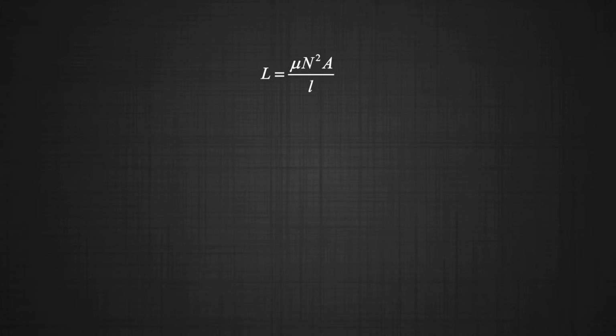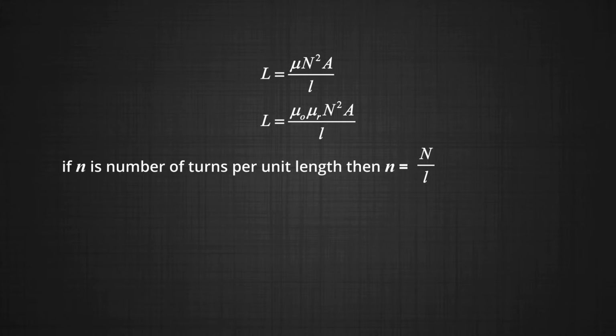So, L is equal to mu times N square A by L, or L becomes equal to mu naught mu r N square A by L. If small n is the number of turns per unit length, as I already told you, so small n becomes equal to capital N by L. And multiplying and dividing by L, we get L is equal to mu naught mu r, small n square this time, A into L, where small n is capital N by L.